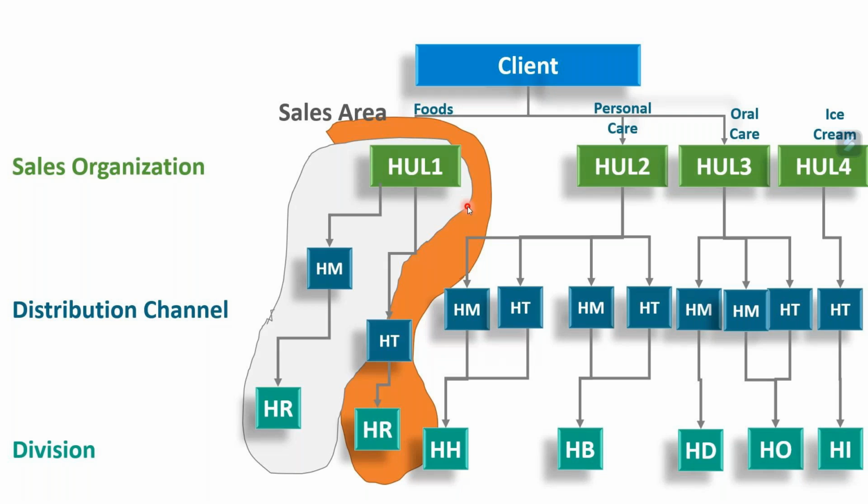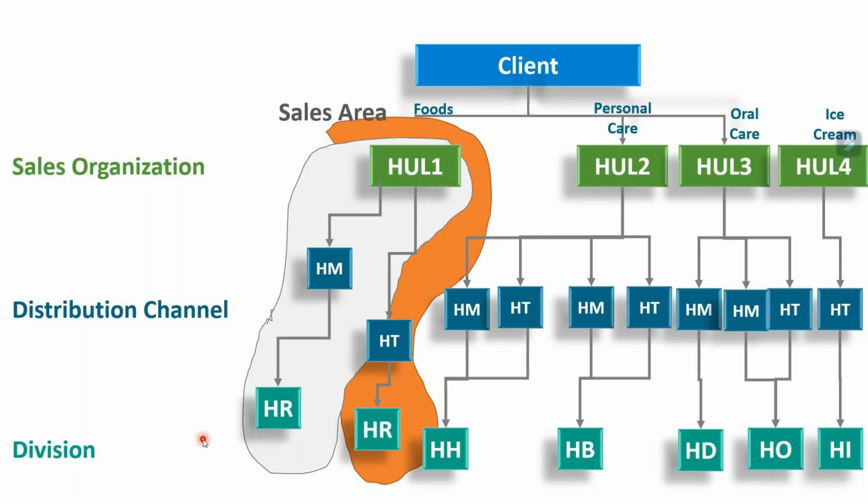So, say for example, this is Knorr noodles, ready to eat. If you're selling to Walmart, then HUL1 modern trade and your ready to eat division will sell Knorr noodles to Walmart.